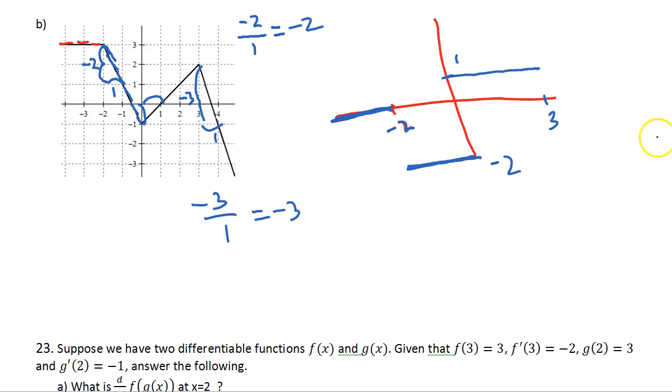So the slope over here is -3. And that's the graph. Those are four horizontal lines. What about at exactly these locations? What's the derivative at these points where there's a sharp turn? The derivative does not exist because it's not differentiable. So what does that mean? If the value doesn't exist, you have to put an open circle there. So that is the derivative.